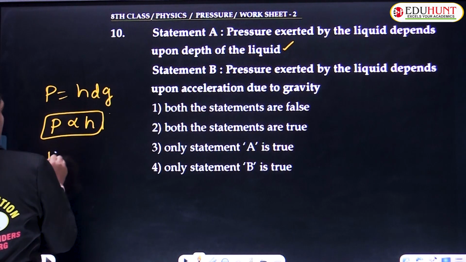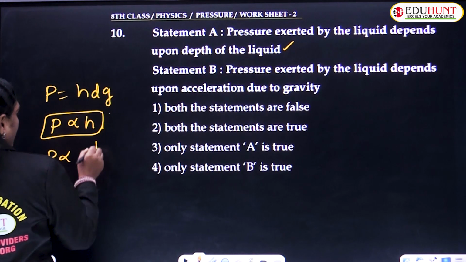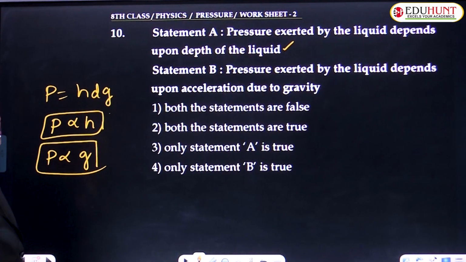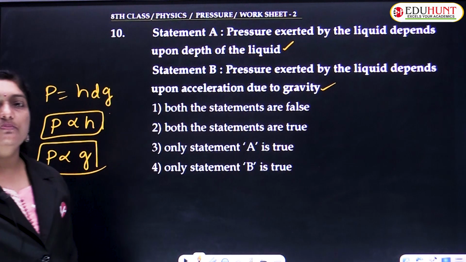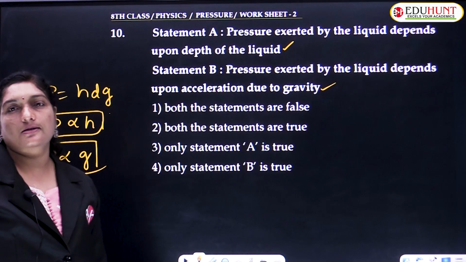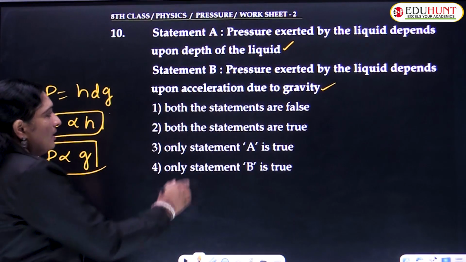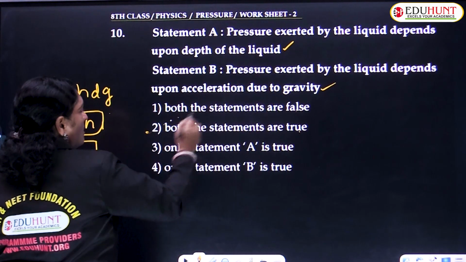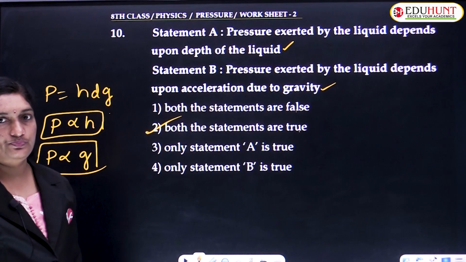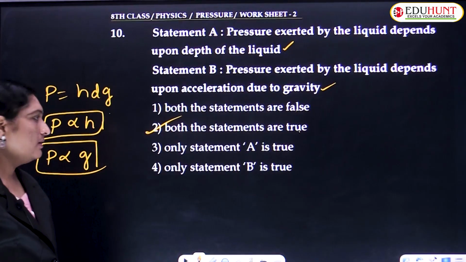So, this also indicates that pressure depends upon acceleration due to gravity. Even the second statement is true. So, what was our observation? Both the statements are true. So, the correct option is option 2. Clear, children?